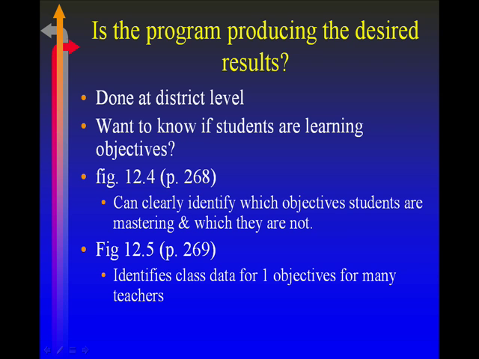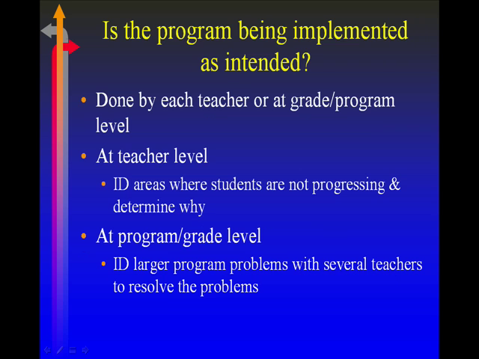And then teacher Brennan had a really low class average and percent mastery. This tells you how all the teachers in the program did on that one particular objective. And you can look at all the different objectives by using this data. And again, this is district level.